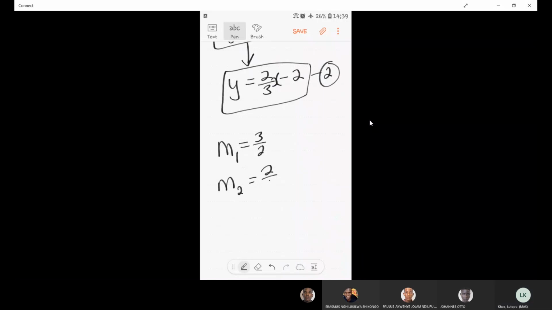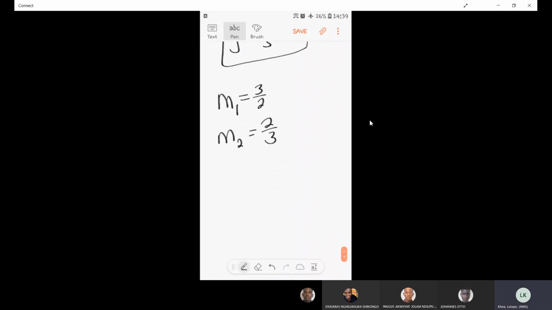So to check if these two lines are perpendicular, what you do is you multiply their gradients. So you say m1 times m2. Here I have 3 over 2 times 2 over 3. If the answer is not equal to negative 1, then it means they are not perpendicular.